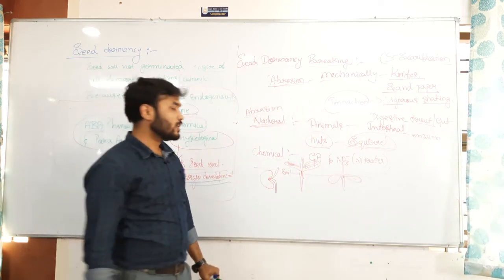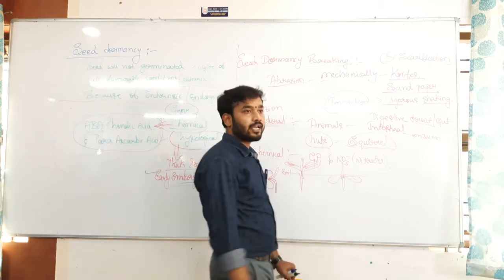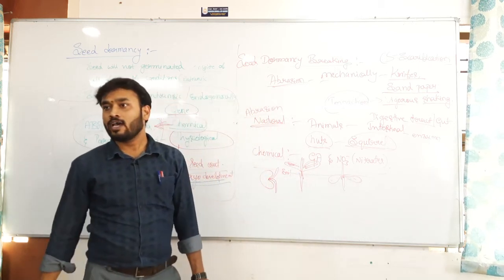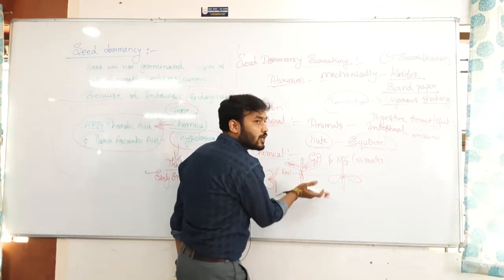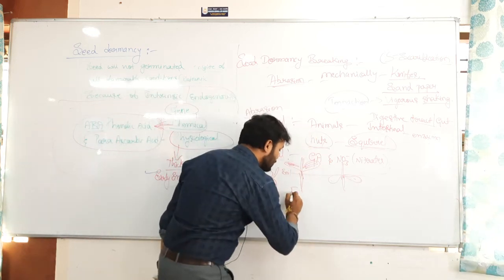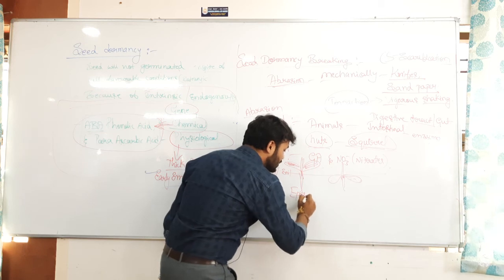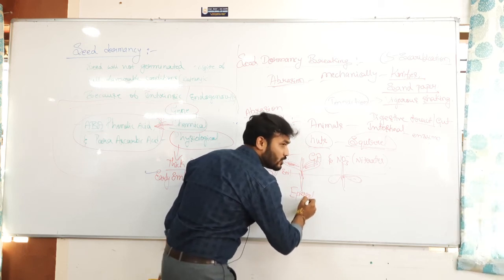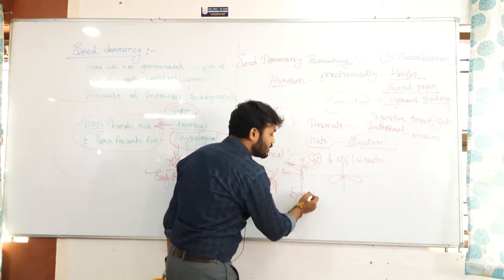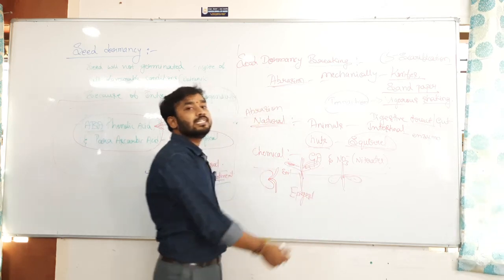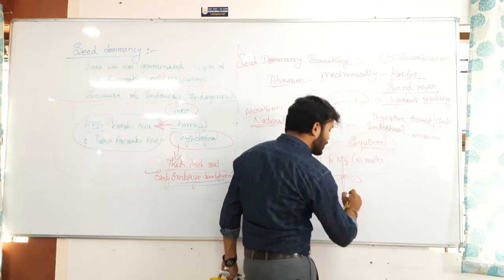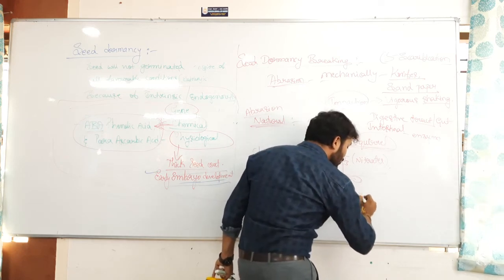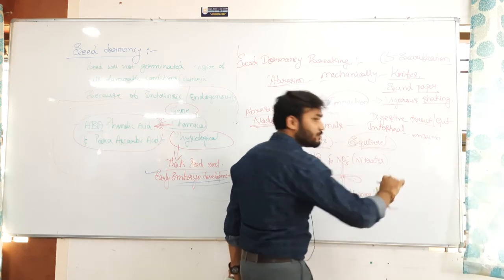Here, we can take tamarind. The cotyledons will come above the soil surface. That is why it is called epigeal, above the soil. If the cotyledons remain inside the soil, that is hypogeal germination.